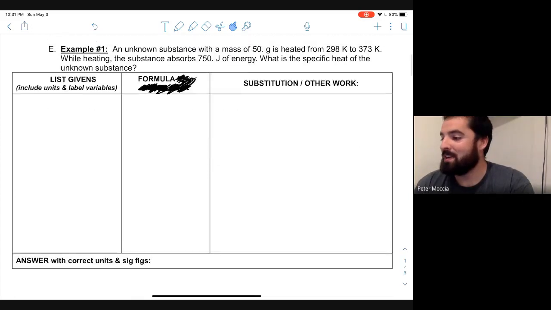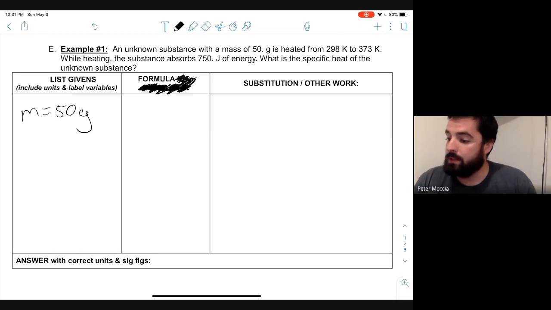So, unknown example number one: an unknown substance with a mass of 50 grams is heated from 298 kelvins to 373 kelvins. While heating, the substance absorbs 750 joules of energy. What is the specific heat of the unknown substance? So this is an easy one. The mass is equal to 50 grams. The Q is equal to 750 joules.